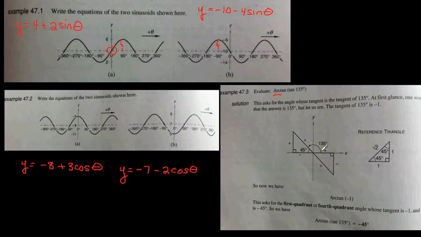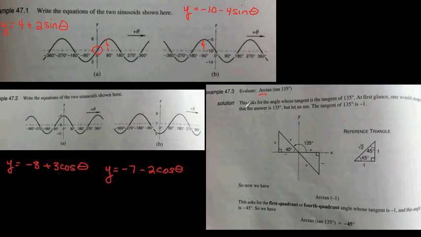Now the thing to keep in mind is that the arctan is always between 90 and negative 90 degrees. So the first thing we do is we find the 135 mark, and you can see we have this 45-degree angle that's left. So they're really asking for the arctan of negative 1.